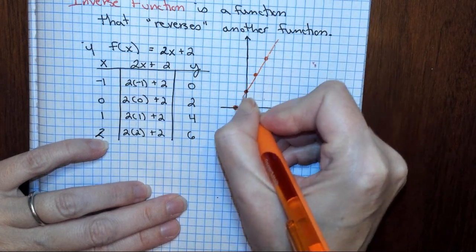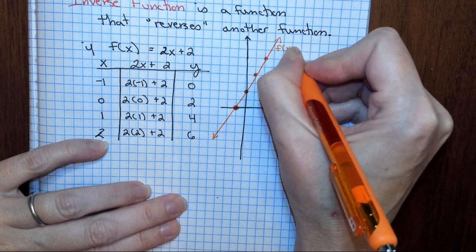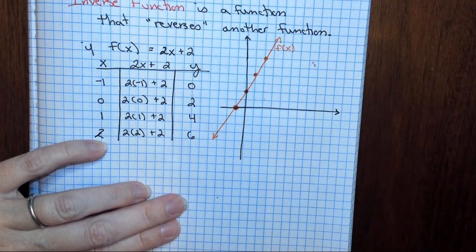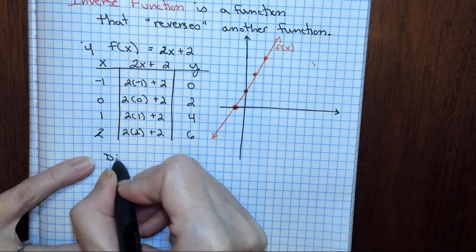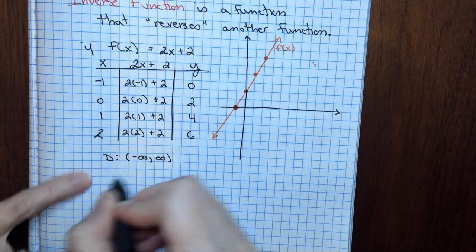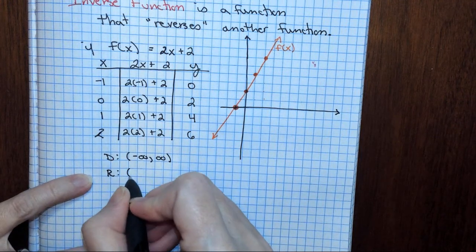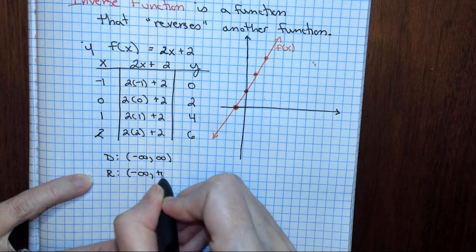So here is my function, and I'm going to label it f of x so I don't lose track of it. If I was going to find the domain, I would say it goes from negative infinity to positive infinity, and the range is also from negative infinity to positive infinity.